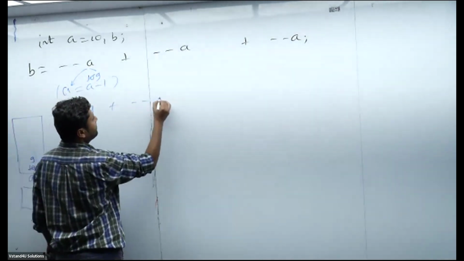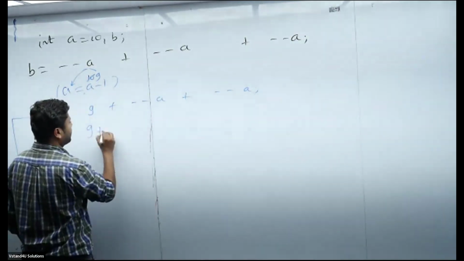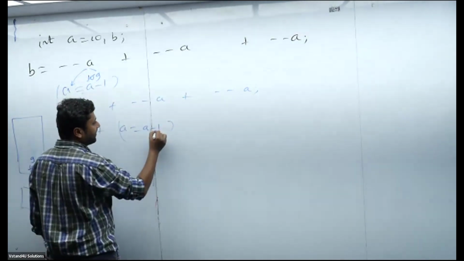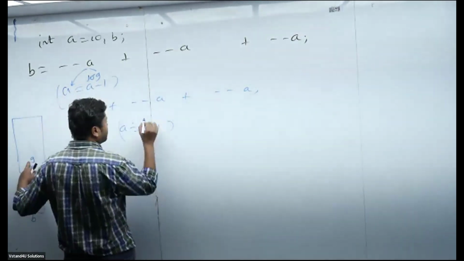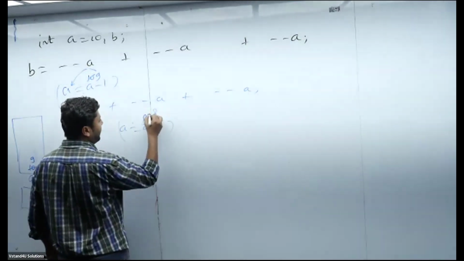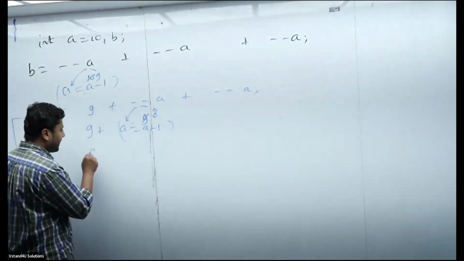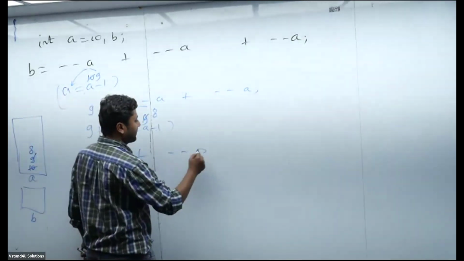Plus minus a, plus minus a. 9 plus a equal to a minus 1 over here. Decrementation is there as well as assignment. First decrementation will happen. Current value of a is 9, minus 1 becomes 8, assigned to a. So a became 8. So 9 plus 8 plus this minus a.